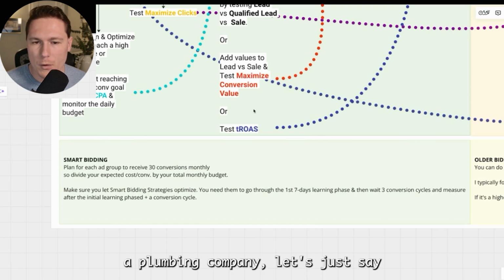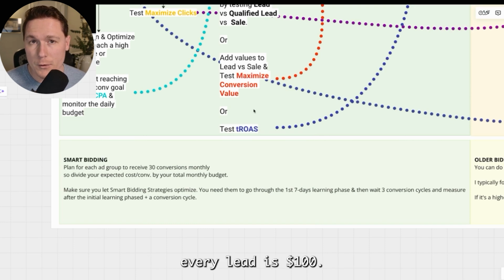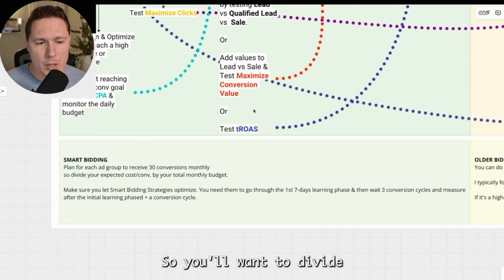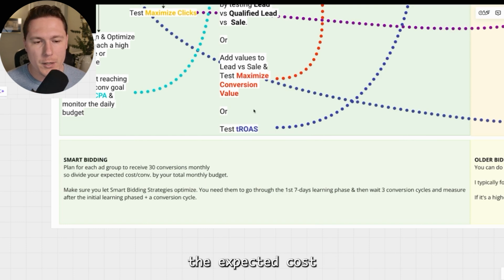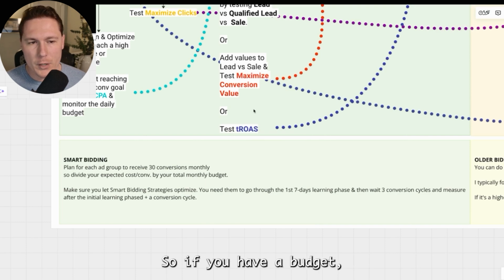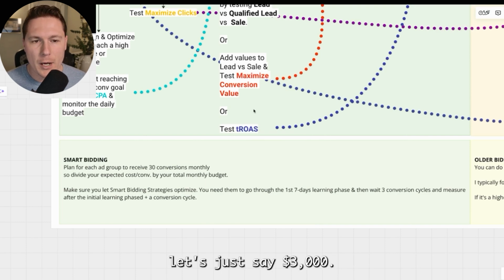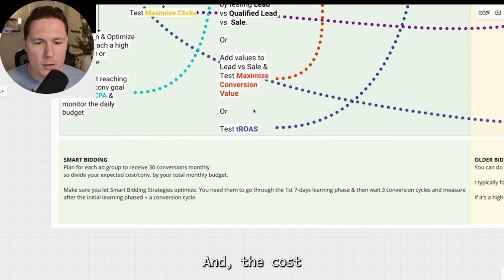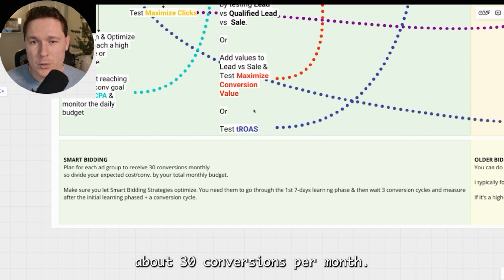Just for example, a plumbing company, let's just say every lead is $100. So you'll want to divide your total monthly budget by the expected cost per conversion. So if you have a budget of, let's just say $3,000, and the cost per conversion is $100, you can be expecting about 30 conversions per month.